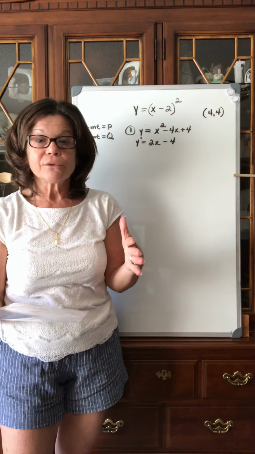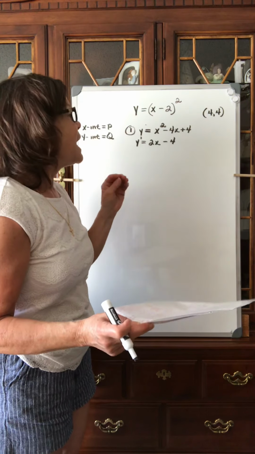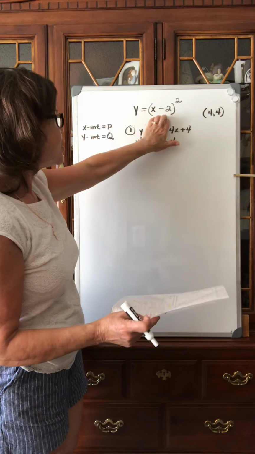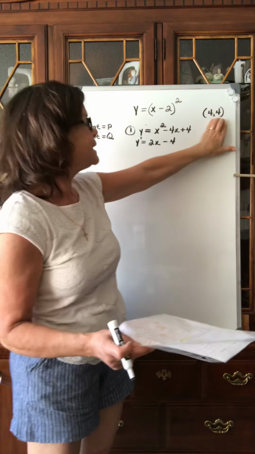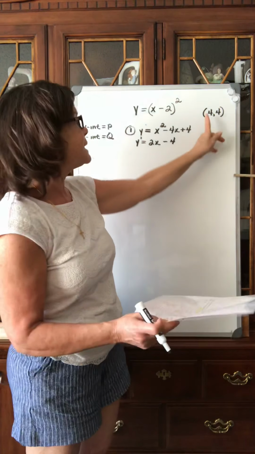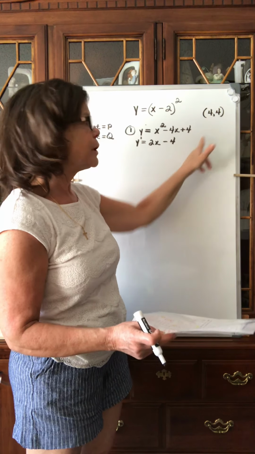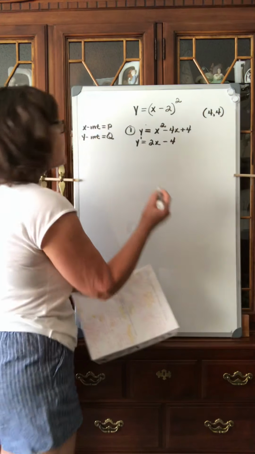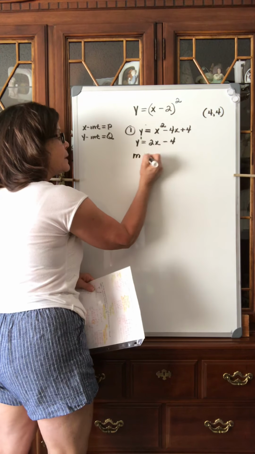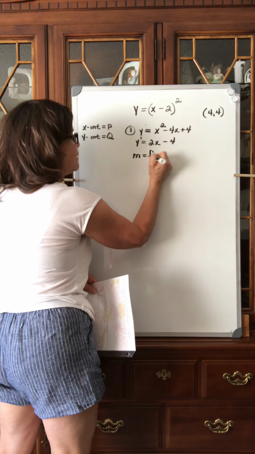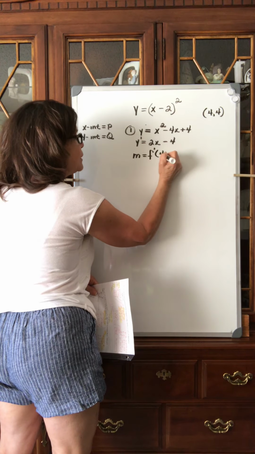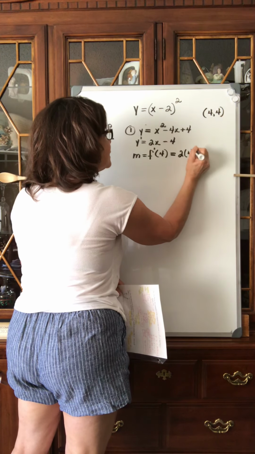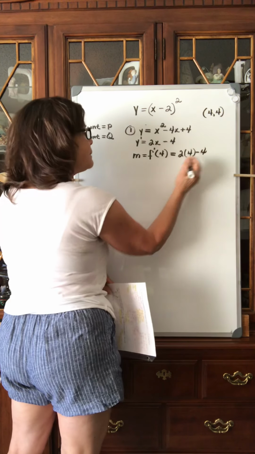Now that I've found the first derivative, I want the slope of the line that is tangent to this parabola at this xy ordered pair. So I'm going to take this x value of 4, plug it into the first derivative, and that's going to give me my slope. So my slope is going to be f prime of 4, so it'll be 2 times 4 minus 4, 8 minus 4.